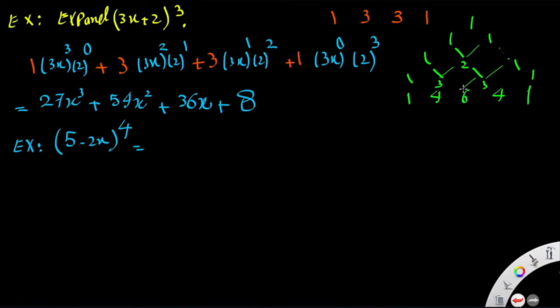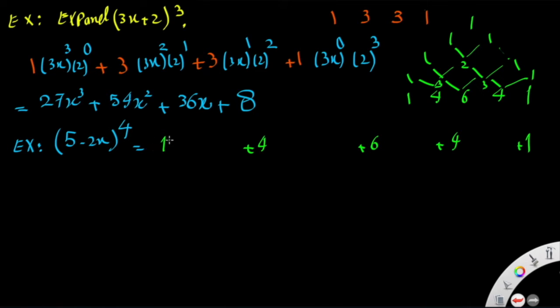So if you add them, 3 plus 3 is 6, then 3 plus 1 is 4, 3 plus 1 is 4. So coefficients are 1, 4, 6, 4, and again 1.